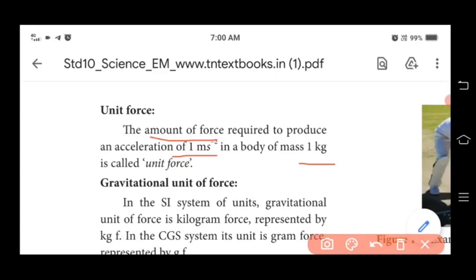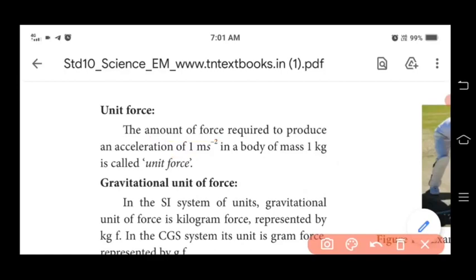Unit means what? Single or one. So unit force is nothing but the amount of force required to produce an acceleration of 1 meter per second square in a body of mass 1 kg. Here both values are 1, so it is called unit force.